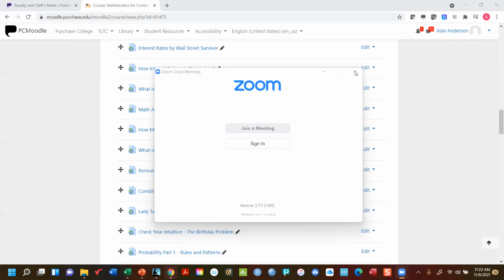Can't even get this thing to stop. I mean, it's just completely stuck. I don't know if there's any way. I'm trying to quit Zoom and start it all over again. Oh, it doesn't.